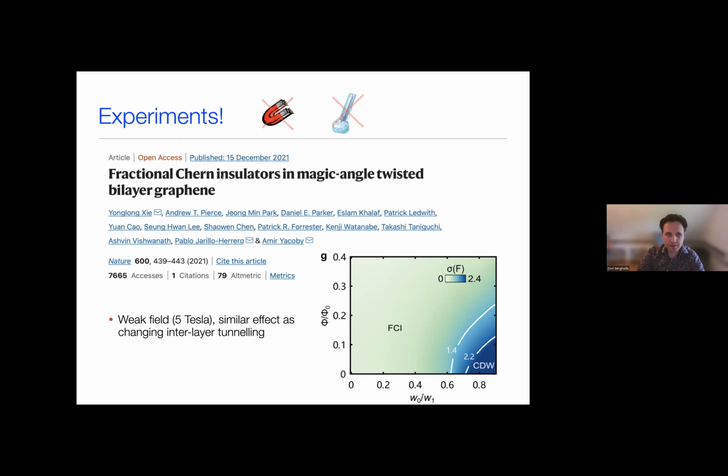So that was really great, and of course this beautiful experiment was published in Nature. I should say though that it's not the typical Hall conductivity measurements that you like to have. It's more what we saw in the talk yesterday afternoon with this local incompressibility. Nevertheless, it's convincing evidence that there are fractional Chern insulators in these materials.